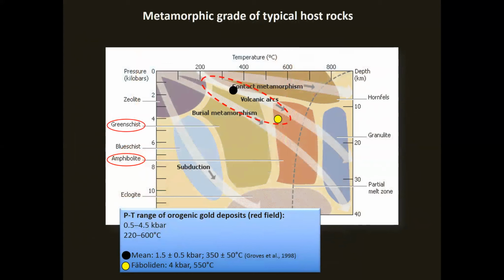So most of the deposits investigated and studied are in the greenschist facies, but there are a fair amount of deposits also in higher metamorphic terrains, such as Fäboliden. And we see here that the Fäboliden deposit, which we will talk about today, sits at 4 kilobars and 550 degrees.